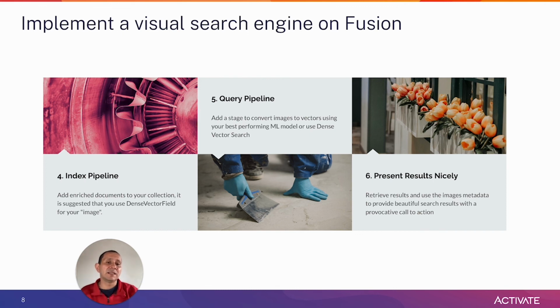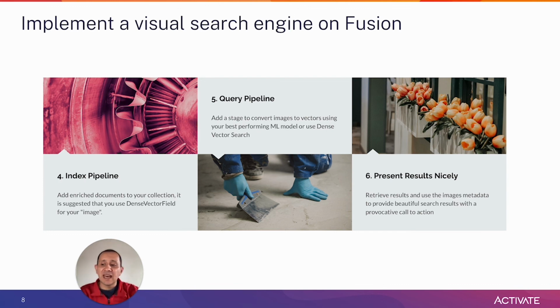Last but not least, you will get a set of documents that are the result of the query, and you will have to present them nicely. So that means not only return a JavaScript file or just a bunch of images without any metadata in it. You have to take advantage of the metadata that is linked to each document.